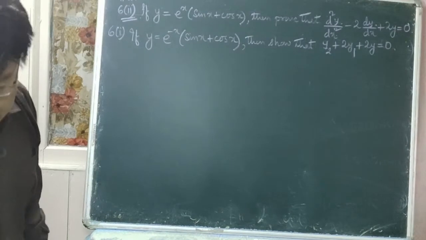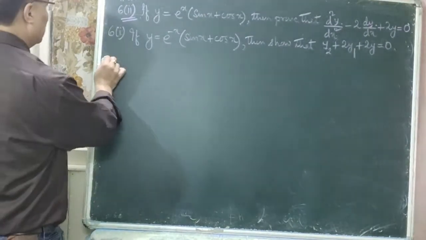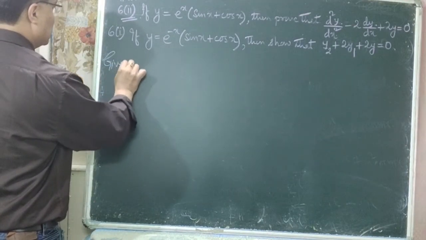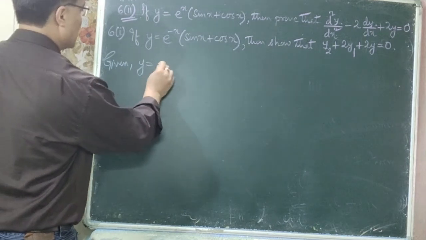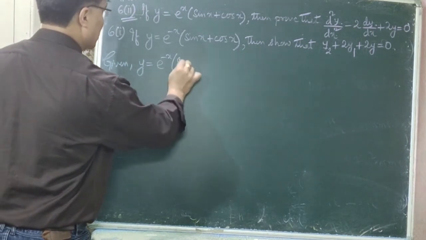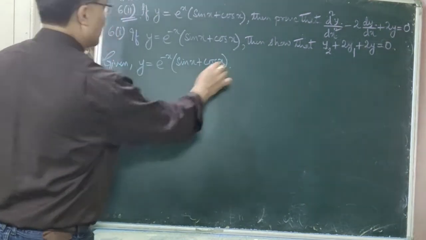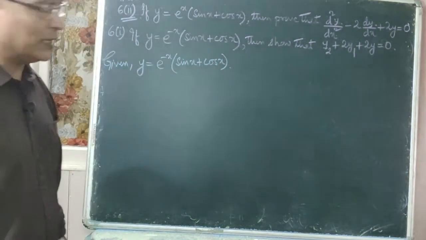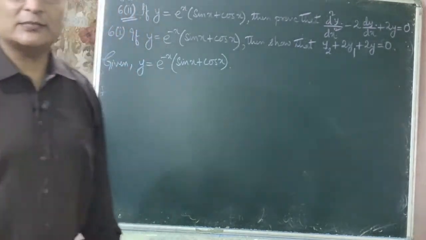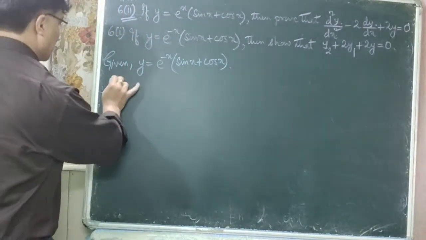So here given is y is equal to e to the power minus x within bracket sin x plus cos x. Okay, so let us differentiate it to get the value for dy by dx.